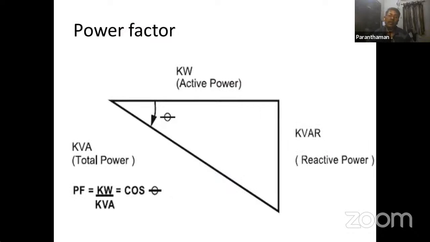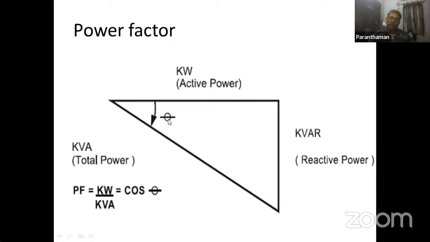So this is the power factor. Horizontal line is kilowatt, and the hypotenuse is kVA. The opposite side is reactive kVAR, otherwise kVA sin theta. This one is kVA cos theta, or cos phi. Simple trigonometry, sir.